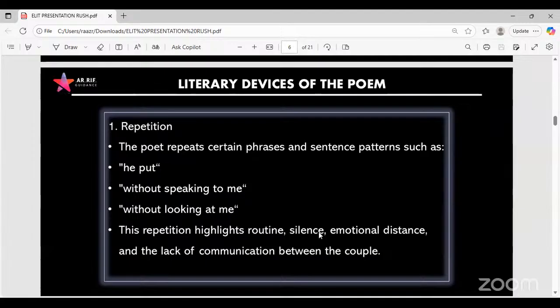Okay, now let's move into the literary devices of the poem, guys. Can you all see the picture clearly, right?